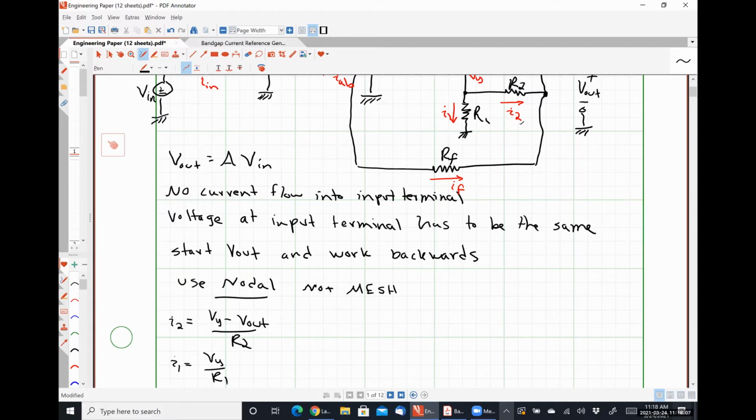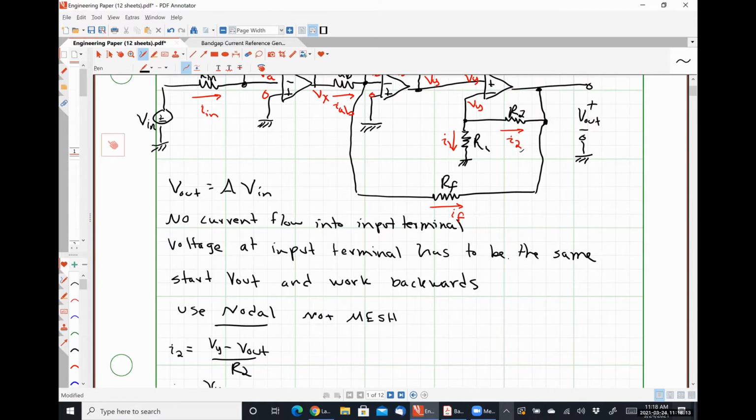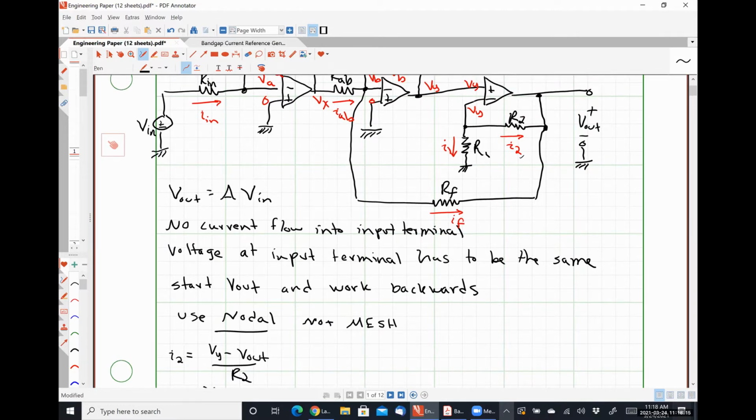Now we use that rule from the beginning that we can't have current flowing into the input terminal, right? And so the current can't be in this leg right here. It has to go from here to here. And so I1 and I2 have to be the same except for a sign, right? They're facing different directions, so they have a different sign, but they're the same magnitude.